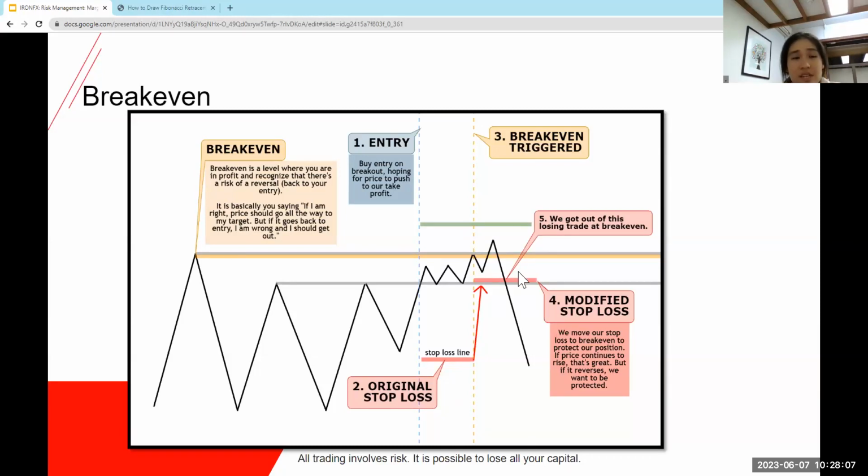Okay, and you can see right after I moved it over here, it did shoot up a little bit, but then it reversed again and it hit right to our stop loss.